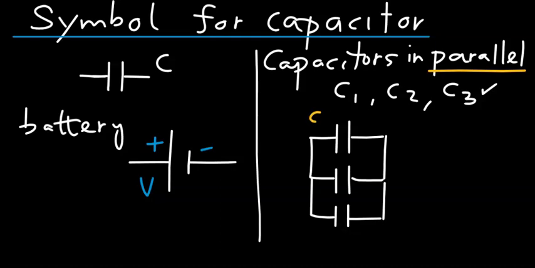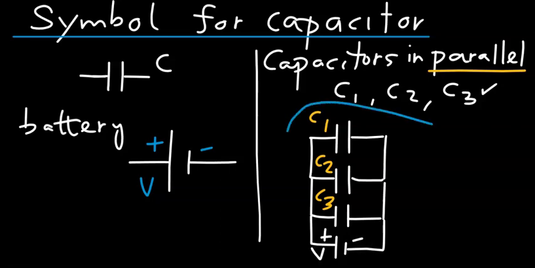Let's call the first one C1, the second one C2, and the third one C3. And we can even connect a battery to these connections, like that. So this is a positive terminal and negative terminal of the battery. So this is how parallel combinations of capacitors look like in a circuit.